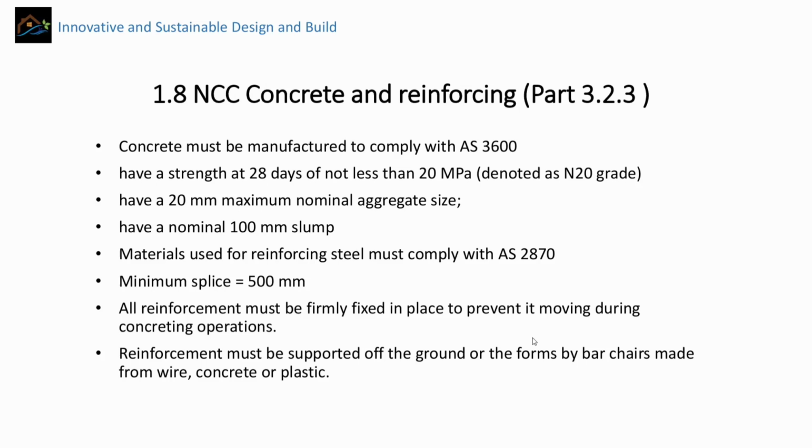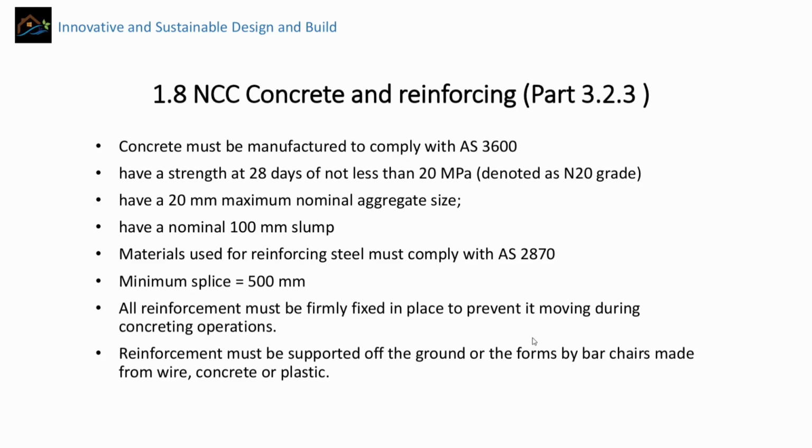So the minimum strength for concrete structures is 20 megapascals, or 20 grade, after 28 days. It should not have a nominal aggregate size greater than 20 millimeters. So 20 millimeters is the maximum aggregate size that we can use in a building. And it has to have a nominal 100 millimeter slump. So when we do the slump test, the nominal 100 millimeters is essential.